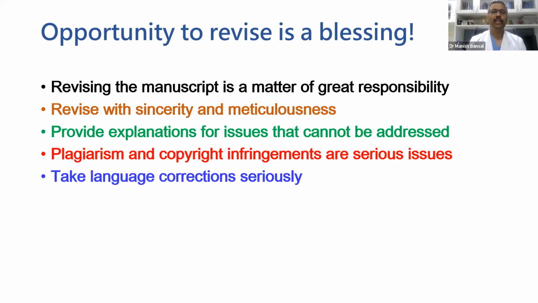Then, as I mentioned in the beginning, language is very important. Take language correction seriously, because we also need to understand this, that most of the journals do not have good copy editing team. Many authors believe that, okay, whatever we are trying to submit, if it gets accepted, then it becomes the responsibility or headache of the journal to correct it.